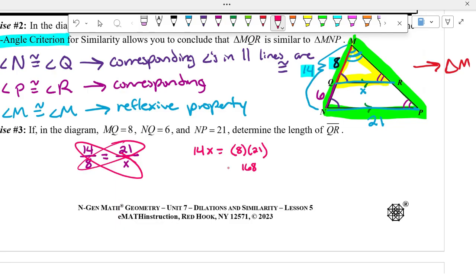So I have 168 is equal to 14x. So how do I solve for x? What's my last step here? Divide both sides by 14. So x will be equal to what? 12. So that is the length of QR. So this right here is 12.